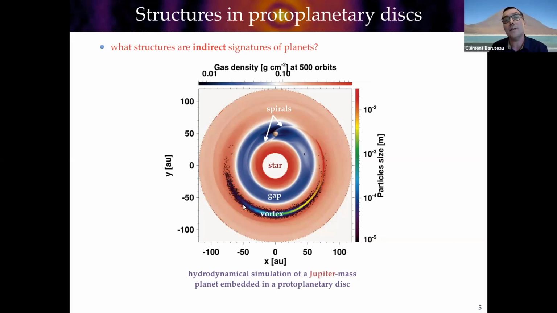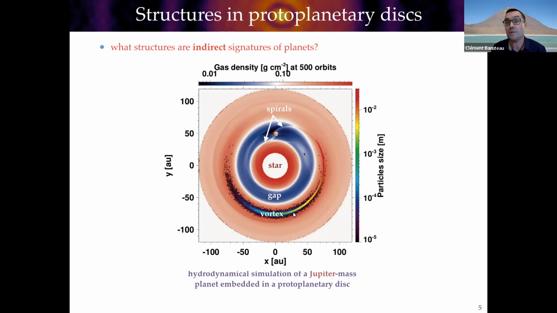And at the other edge of the planetary gap, you see some kind of non-axisymmetric structure, which is actually a vortex, which is due to the onset of a hydrodynamical instability that sets in this kind of disk-planet interaction simulation. This is the Rossby wave instability, which is known for trapping dust particles differently according to their size.